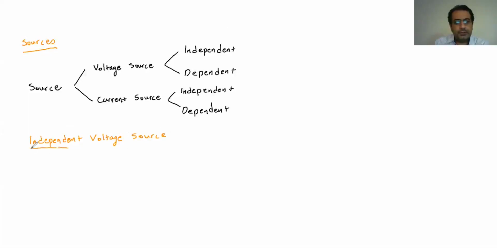The independent voltage source is a voltage source that does not depend on any element in the system, and usually when we talk about the independent one, we use just a circle to show that. It would be something like that.